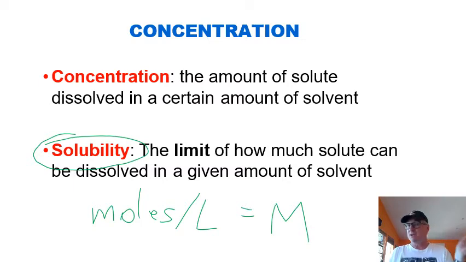And you can add as much more salt or sugar as you want, and it's not going to go into solution. We would say you have reached the limit of the solubility of sugar or salt or whatever it is in that amount of water. You can't add any more.